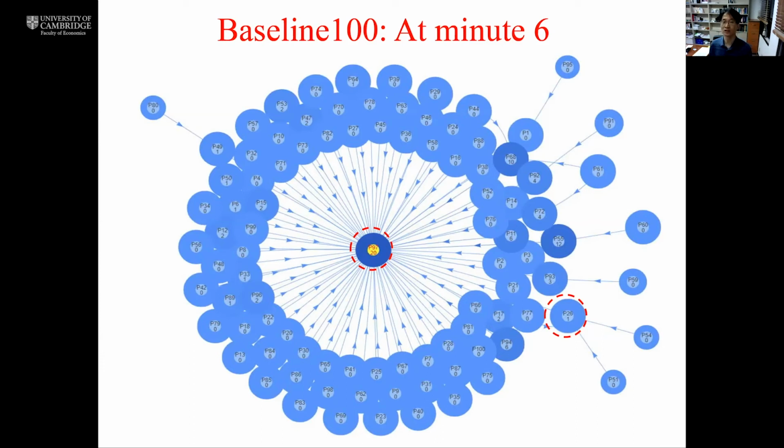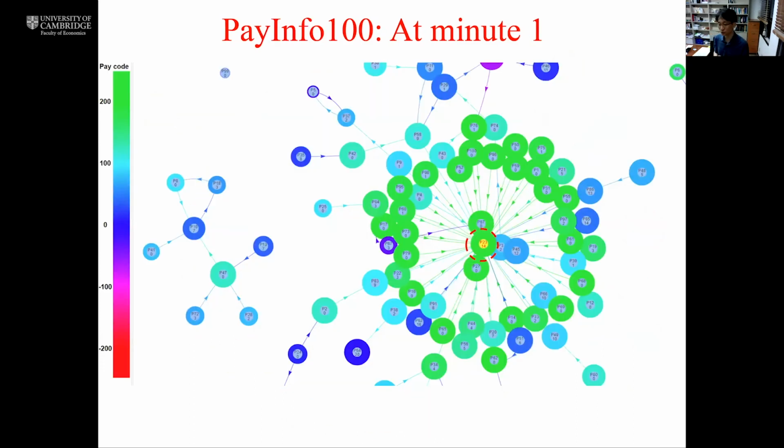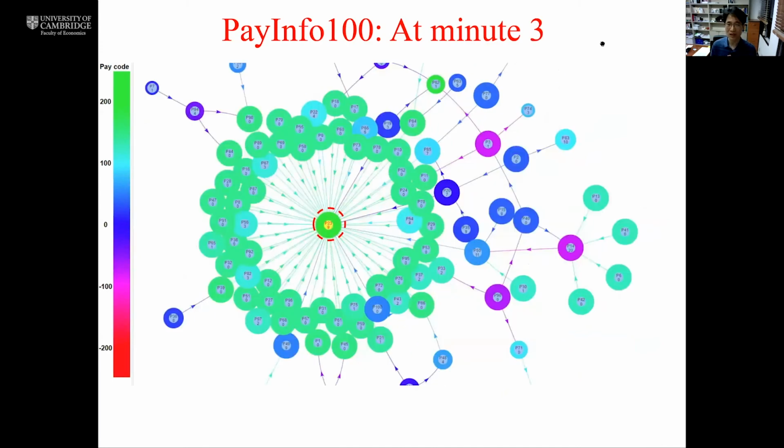What about the payoff information in the large group? Again, in the first 1 minute, we observe one person emerging as a hub, with relatively high effort. But this person, at minute 3, starts to reduce the effort. But we don't see any other people seriously competing with this person, with a maximum effort or very high effort.